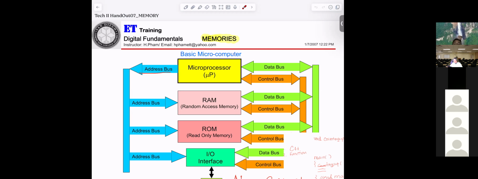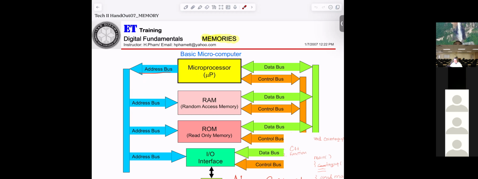And now we're talking about the address bus only coming out from the CPU. Okay, that means the CPU wants to talk to the memory, RAM or ROM, or input output device.